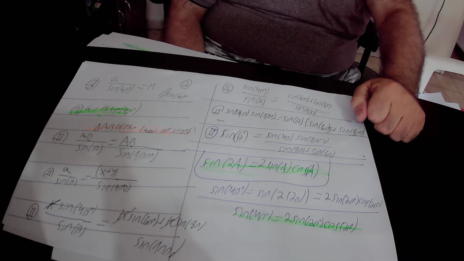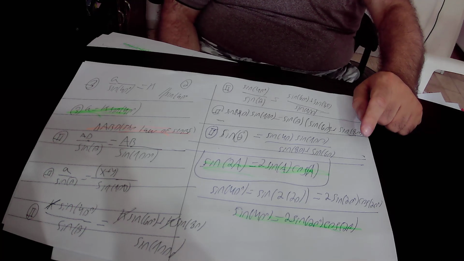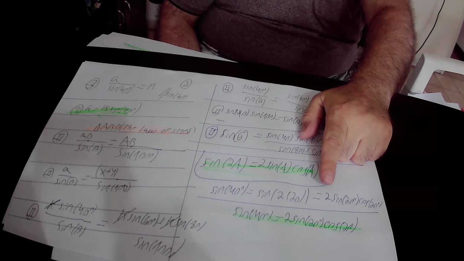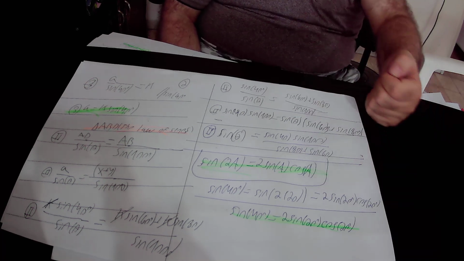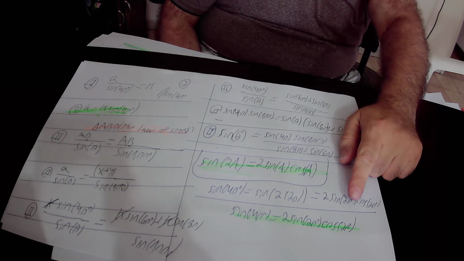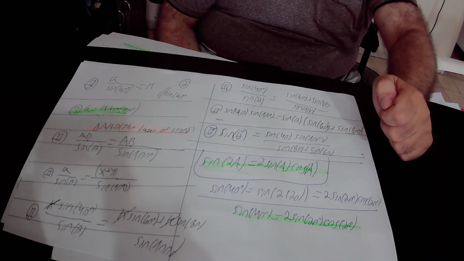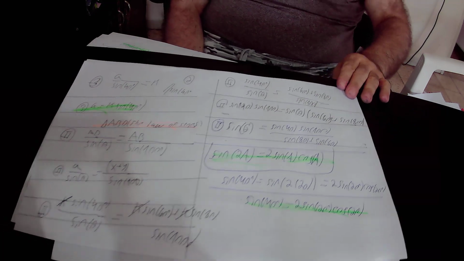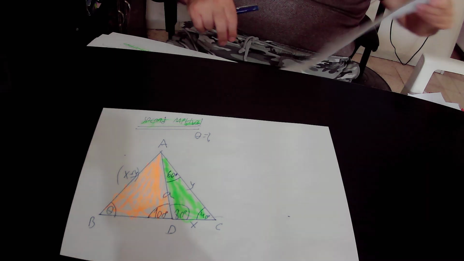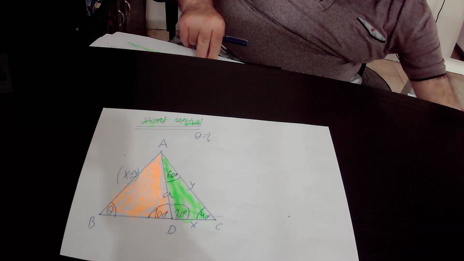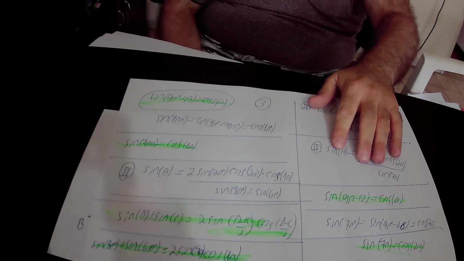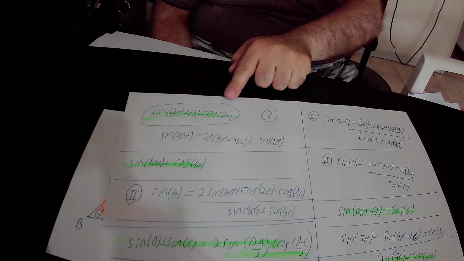So in conclusion, sine 40 degrees equals 2 times sine 20 degrees times cosine 20 degrees. Therefore, we can substitute sine 40 degrees in equation number 2 by 2 times sine 20 degrees times cosine 20 degrees. But before that, I presented to you the second trigonometric identity. According to the second trigonometric identity, sine of 90 degrees plus theta equals cosine theta.